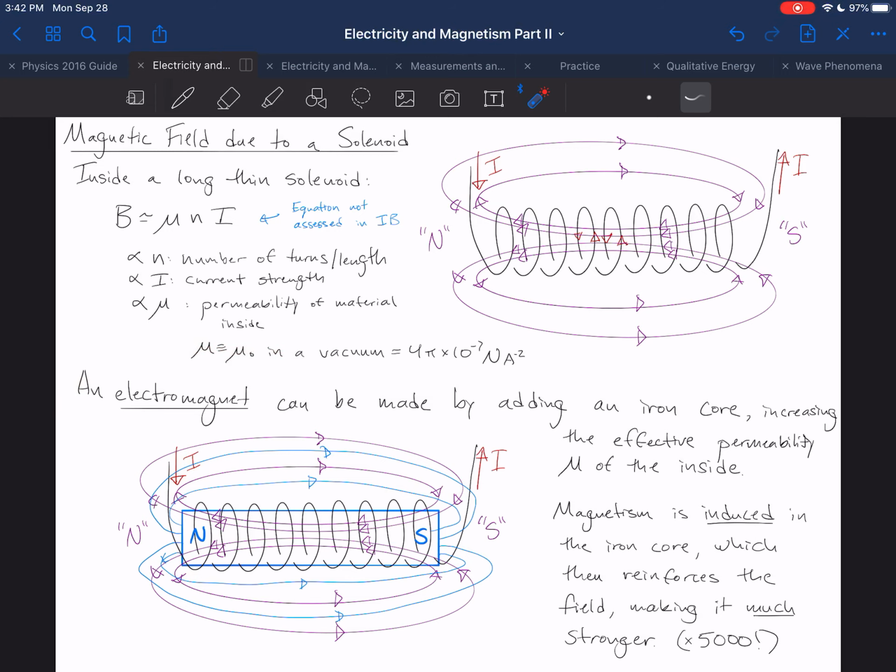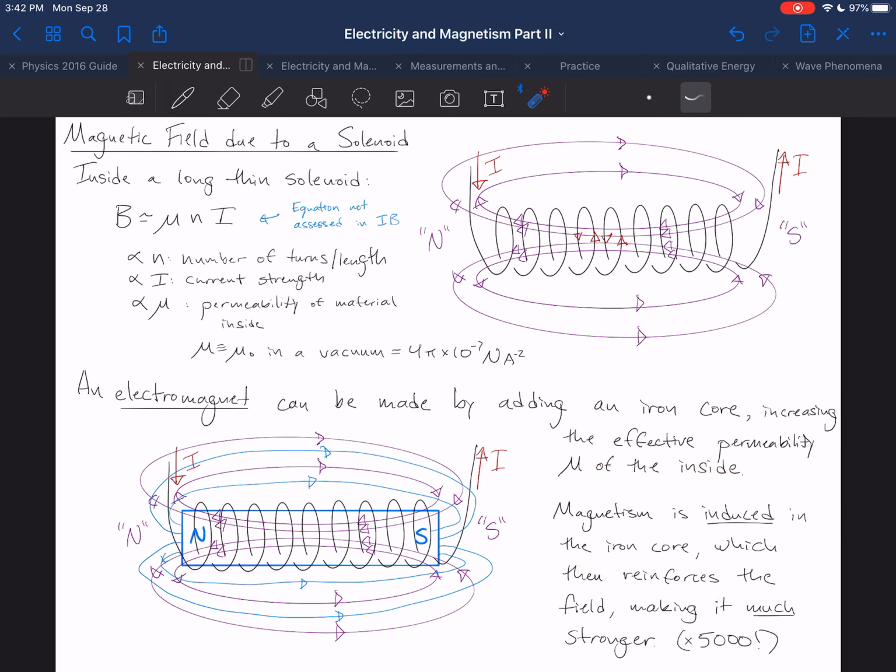How do you do that? You take an iron core and effectively increase the permeability of the inside of the solenoid. So you add an iron core or other ferromagnetic material, and as a result, that material can be induced to be magnetic.